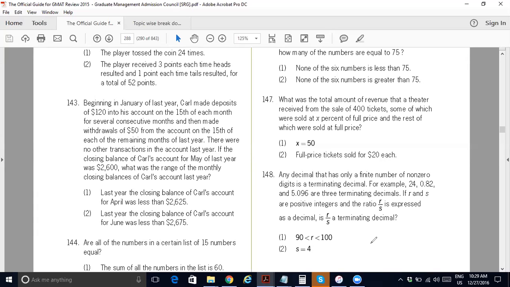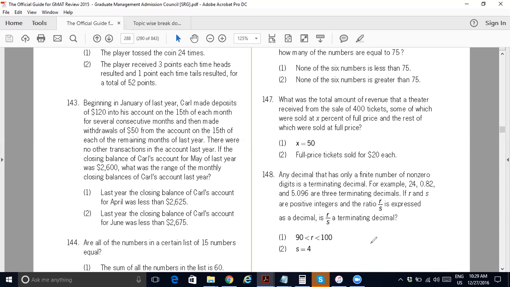That is the question. Why can't we say that we will certainly get a non-terminating decimal? No, because between 90 and 100 there must be a multiple of 7, which will terminate. Correct. That is right. 91 and 98 are two such numbers.